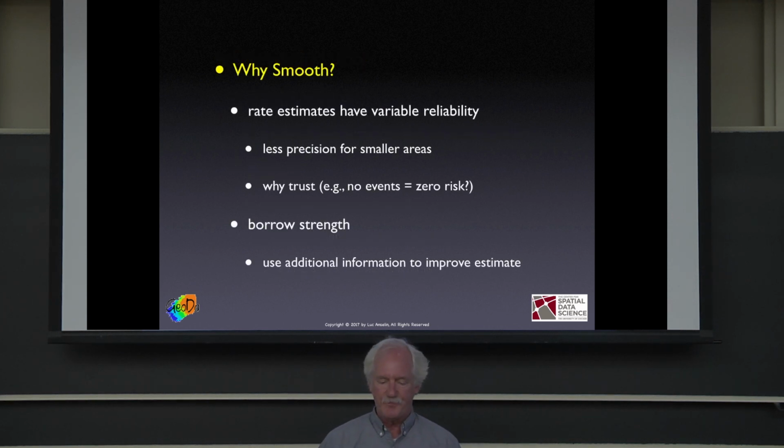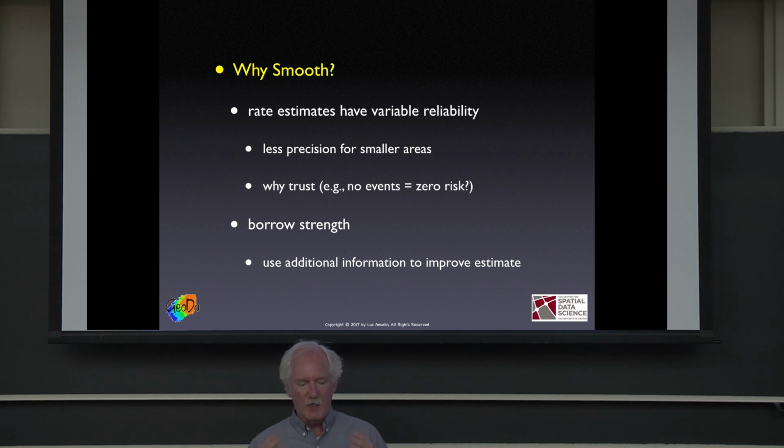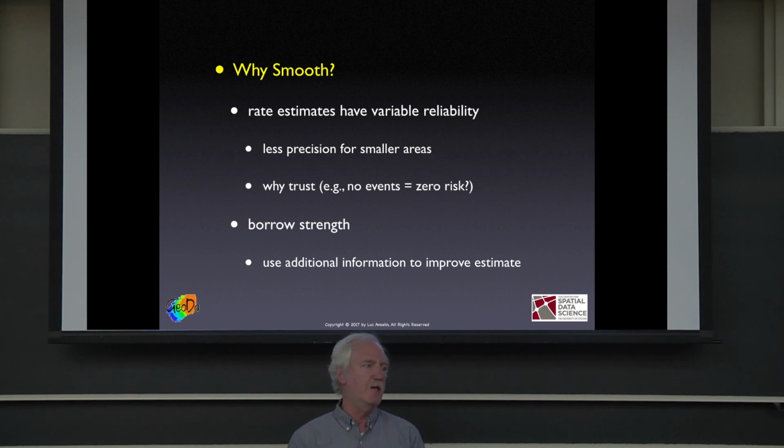And it's actually becoming very important in modern data analysis, in big data analysis, in statistical learning. It has to do with borrowing strength, which is a very Bayesian notion.